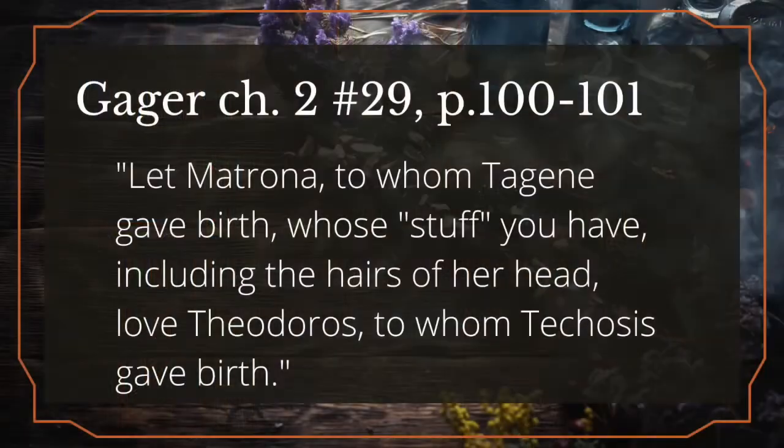It says, "Let Matrona, to whom Tagene gave birth, whose stuff you have, including the hairs of her head, love Theodorus, to whom Tychosus gave birth." So this curse tablet is great, because not only do we get the word for taglock, ousia, but we also get what the taglock is. It's a lock of her hair, which, as I said, is some of the most potent taglock magic you can have.